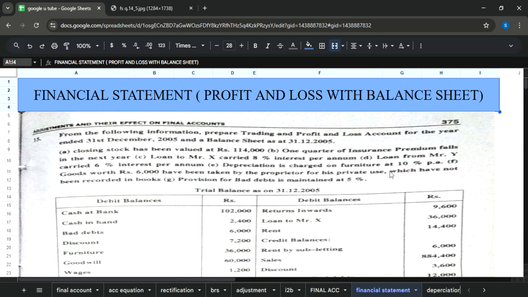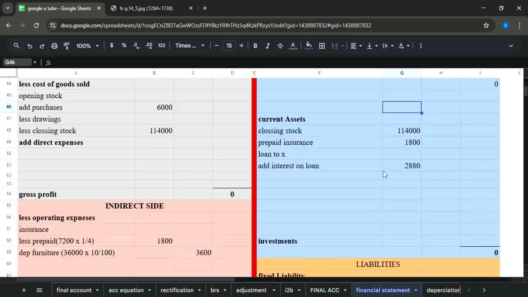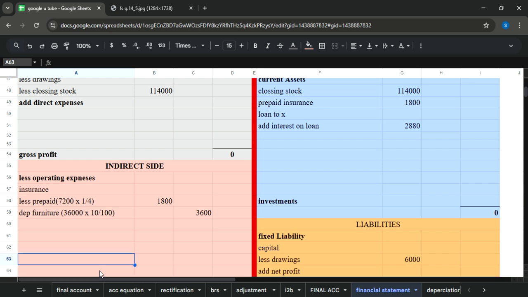It means we'll have to maintain complete entry for the bad debt adjustment, where first element is bad debts, then you will add additional bad debts, after which we will have new provision, then we will have old provision for bad debts.